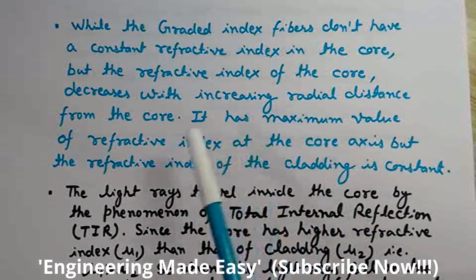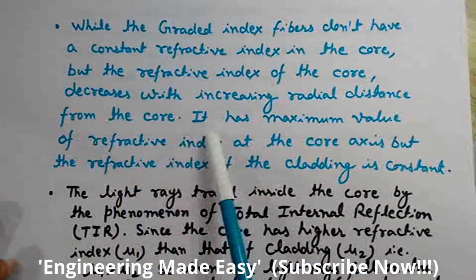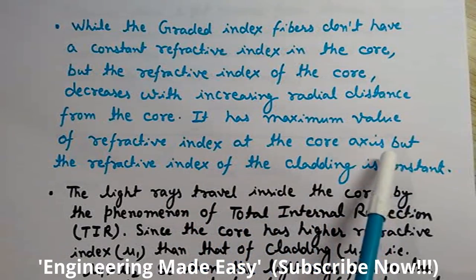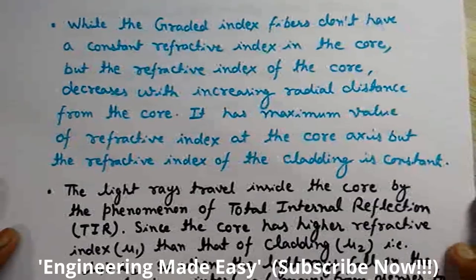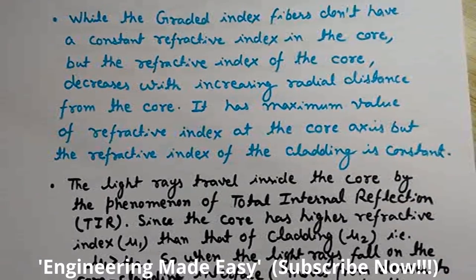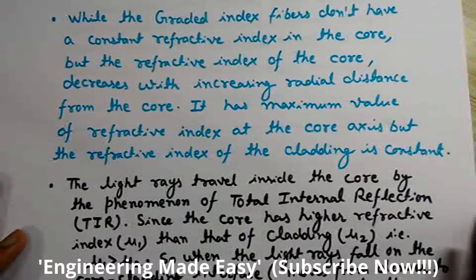It has its maximum value at the core axis, obviously, but the refractive index of the cladding is constant. The cladding refractive index does not vary.